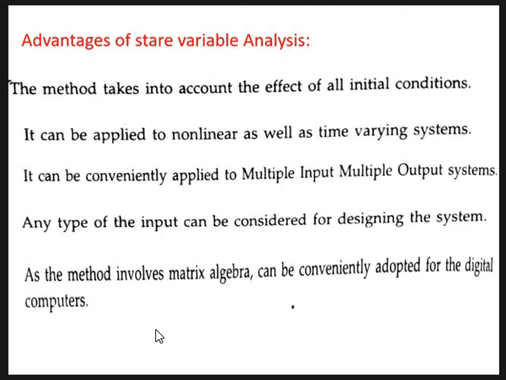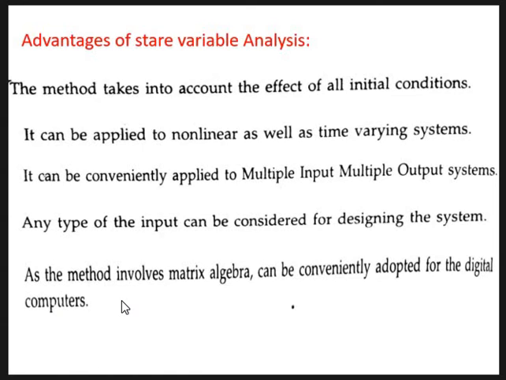Next advantage, as the method involves matrix algebra, it can be conveniently adopted for digital computers. Nowadays, in all sectors, we are using computers. Computers are very well suited to the matrix format. So state space analysis gives matrix algebraic formats, which are very easy for the system to understand. These are the advantages of the present method, that is state space analysis.